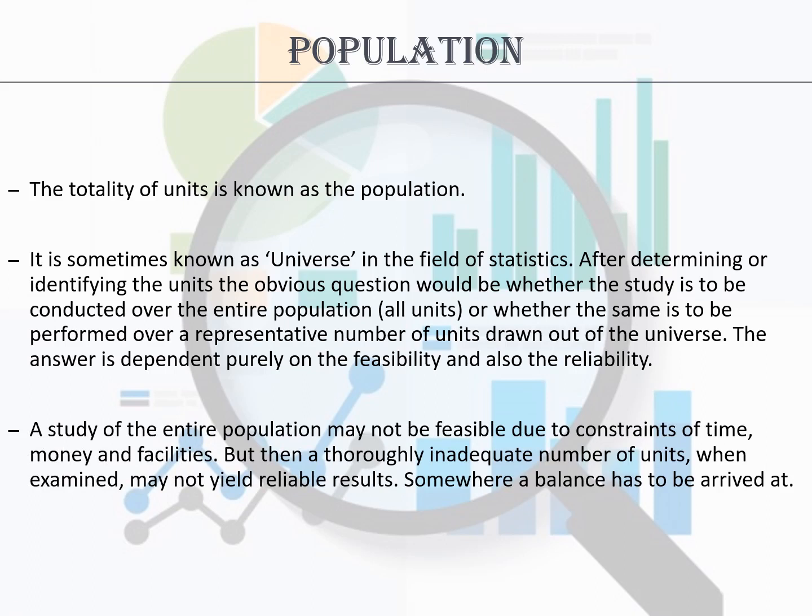A study of the entire population may not be feasible due to constraints of time and money and facilities. But then, a thoroughly inadequate number of units, when examined, may not yield reliable results. Sometimes a balance has to be arrived at.